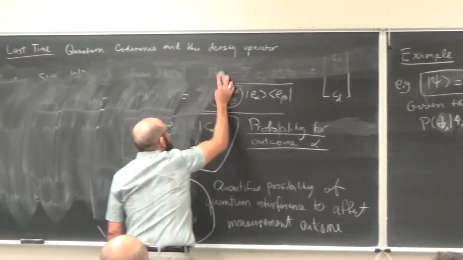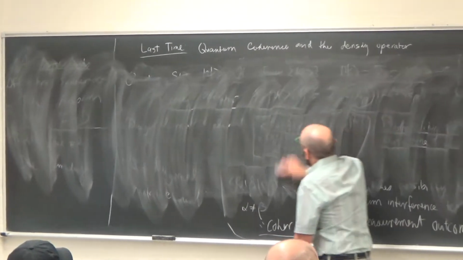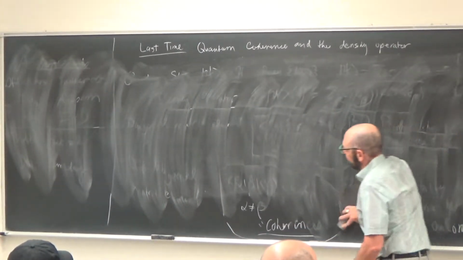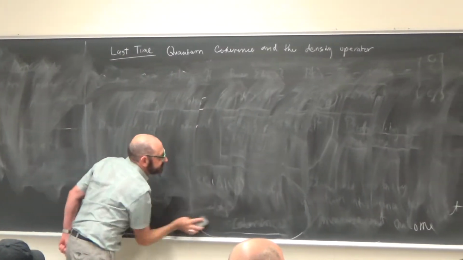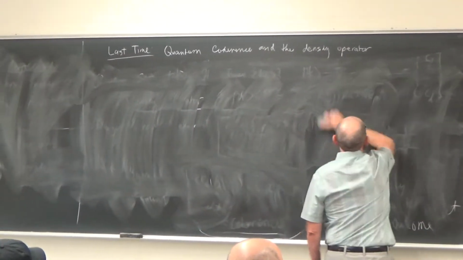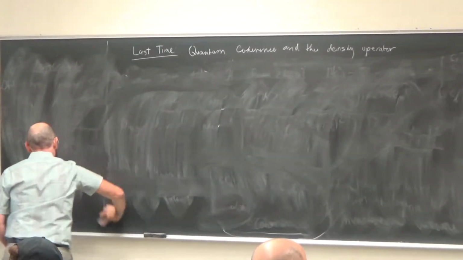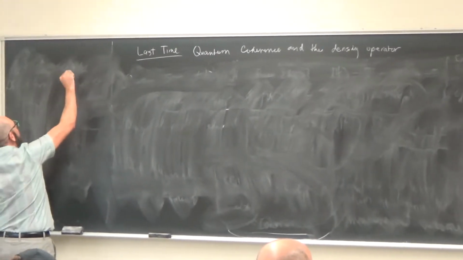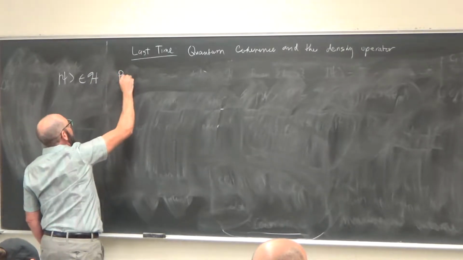Now, as I said, I mentioned the term, and I'll remind everybody about the notion of pure states versus mixed states. If we have a vector in Hilbert space, we call that a pure state.